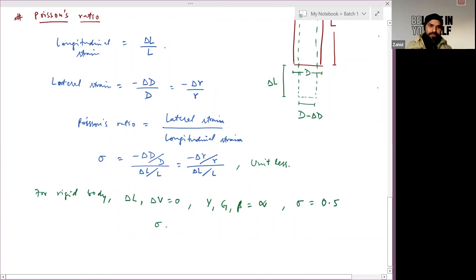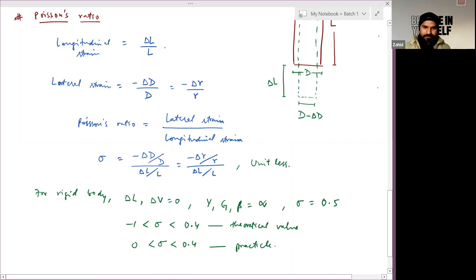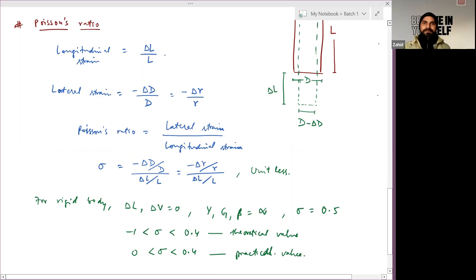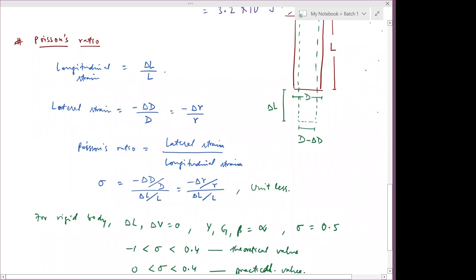In general, sigma lies in between these values. This is the theoretical value, and this is practically calculated. Salman, any doubt? No, sir. Okay, just write it down.